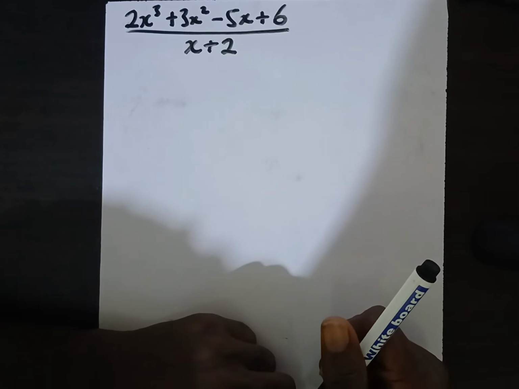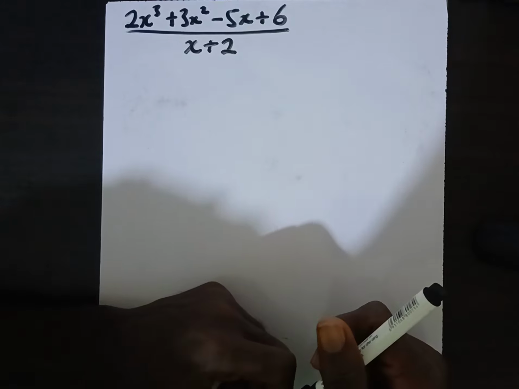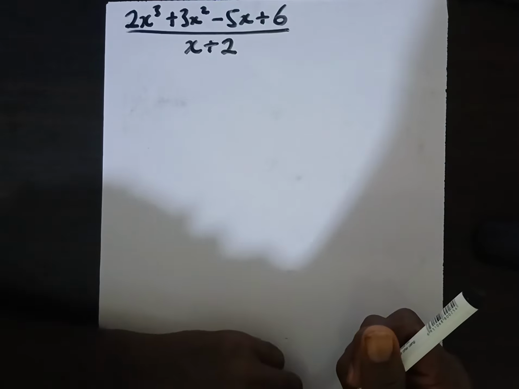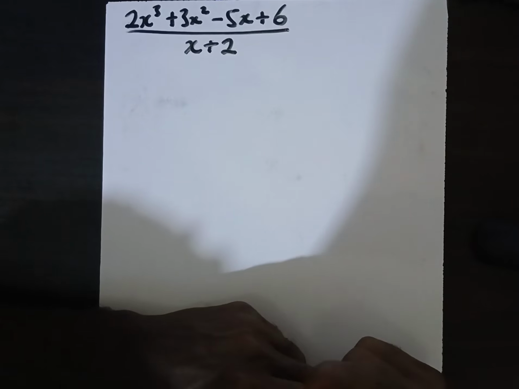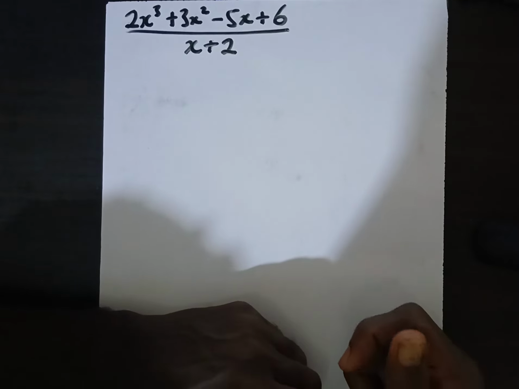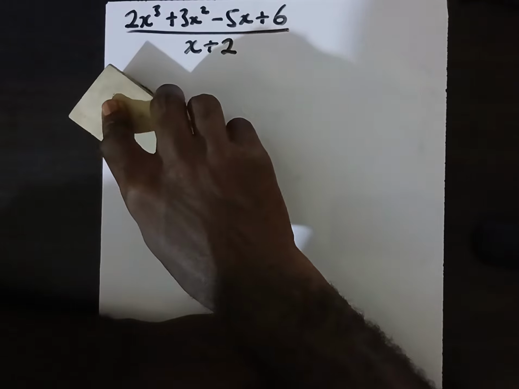Alright, so this question says to divide 2x cubed plus 3x squared minus 5x plus 6 by x plus 2. So we are going to use polynomial long division. So let me clean this since I can possibly take the entire page.